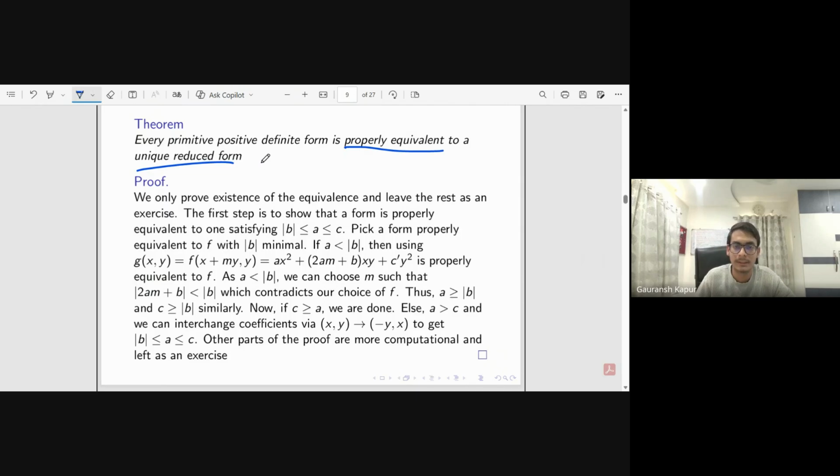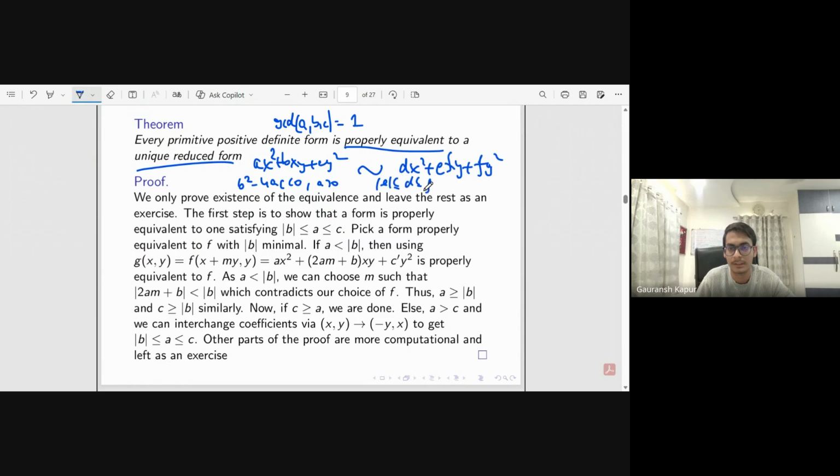What this means is that if you have a positive definite form ax² + bxy + cy², where positive definite means b² − 4ac is less than 0 and a is greater than 0, and primitive means that the GCD of all the coefficients a, b, c is 1, then this is properly equivalent to some form dx² + exy + fy², where this form is reduced. So it satisfies either this condition or the other condition.